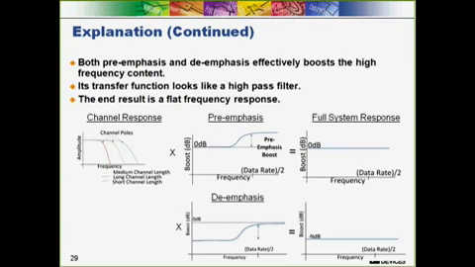Using de-emphasis results in a loss of amplitude since the low frequency content is being attenuated. So, an emphasis that results in increased amplitude of the high frequency content can be categorized as pre-emphasis, while an emphasis that attenuates the low frequency content is categorized as de-emphasis.